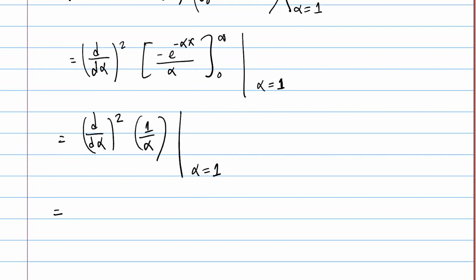The second derivative of 1 over alpha with respect to alpha is just 2 over alpha cubed. So evaluated at alpha equal to 1, this is just 2.